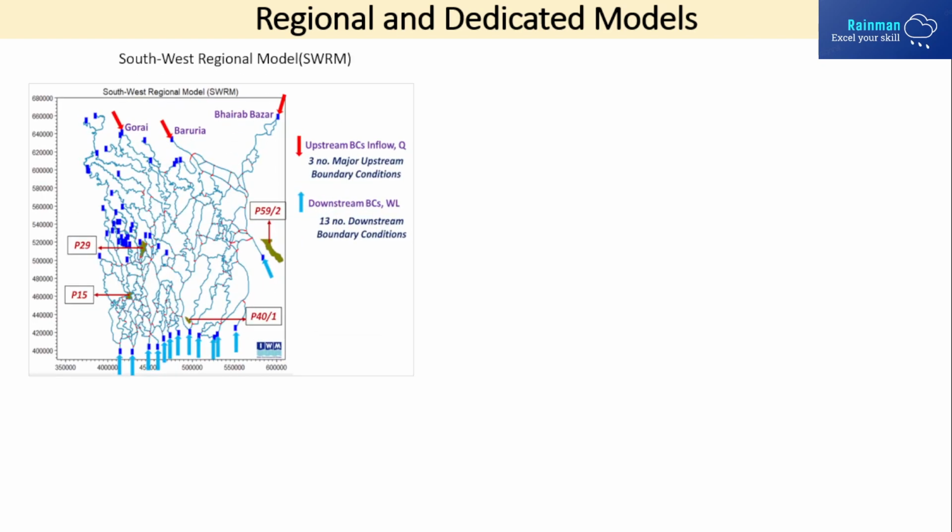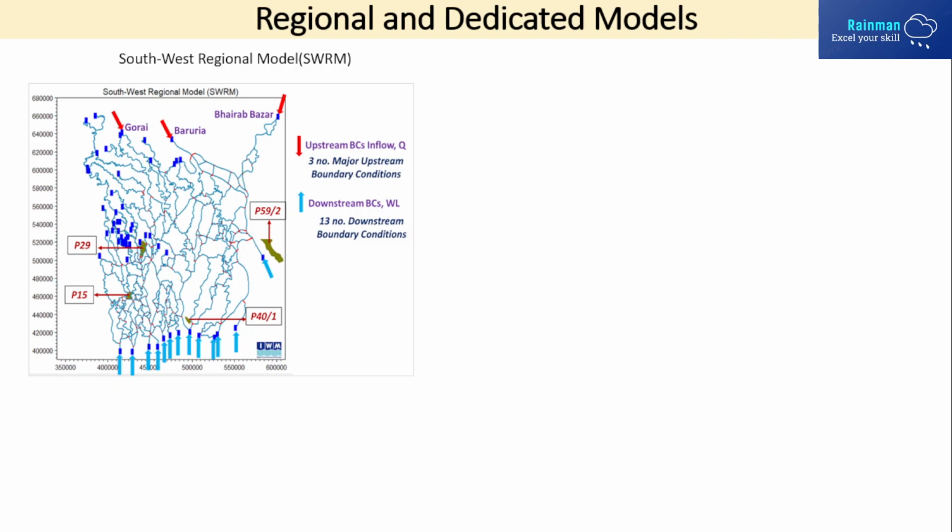So IWM does have 6 regional models. These are the Southwest regional model, Southeast regional model, Eastern Hilly regional model, Northeast, Northwest, and North Central regional model, and one general model. So in the Southwest regional model, actually, our polders 29, 15, and 40/1 are located.